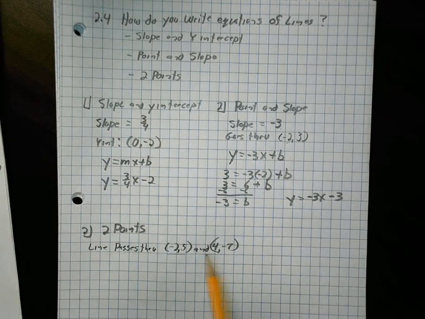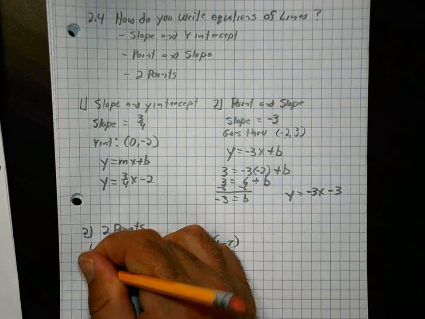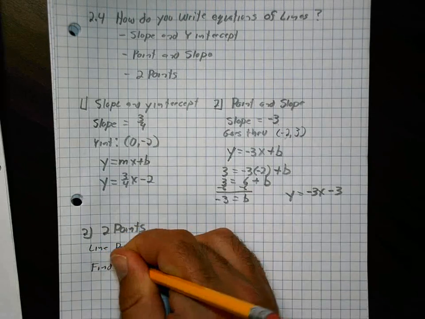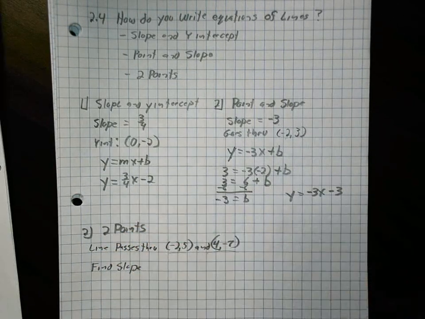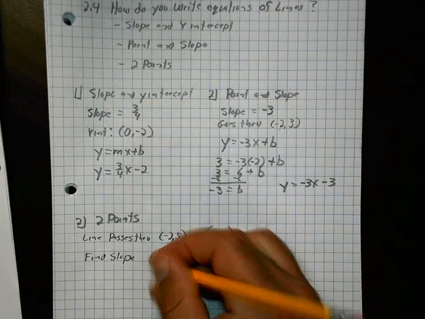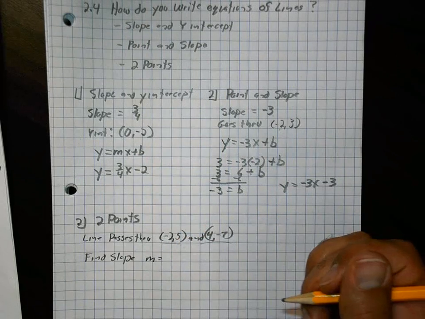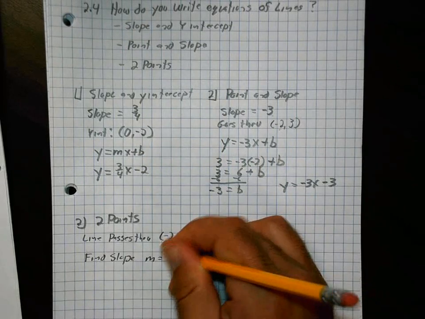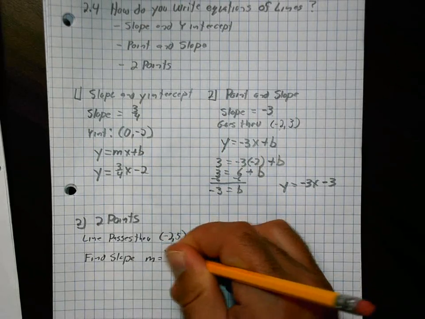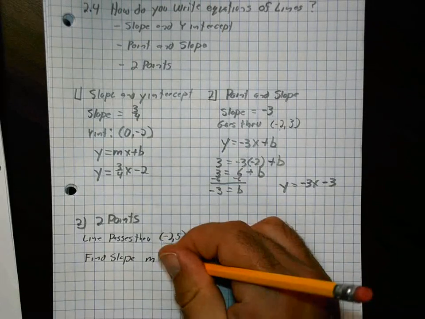But if I'm given 2 points, I can calculate the slope. So the first step is to find the slope. That comes from section 2.2 where we found the slope. Remember that formula, y2 minus y1 over x2 minus x1.